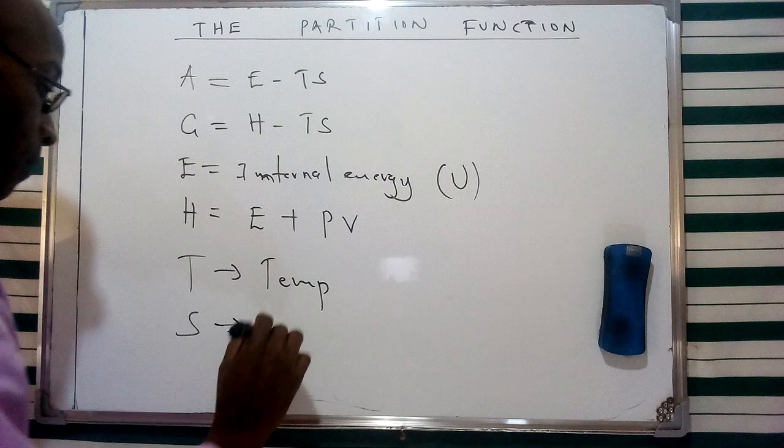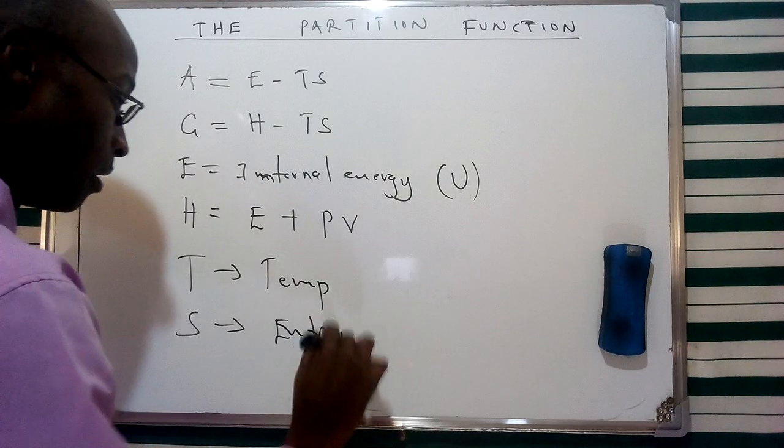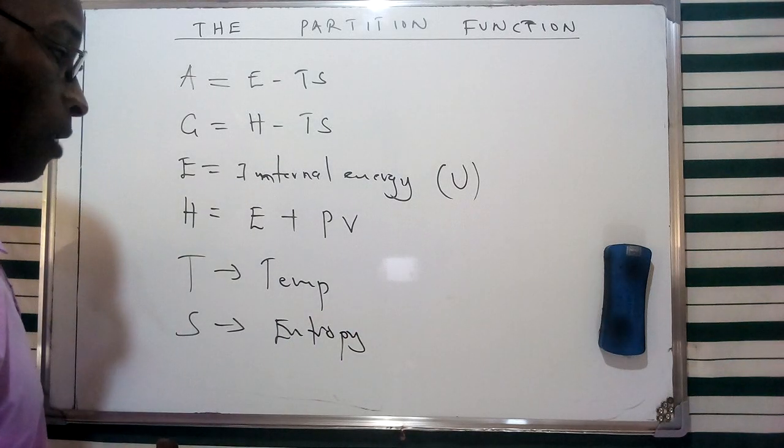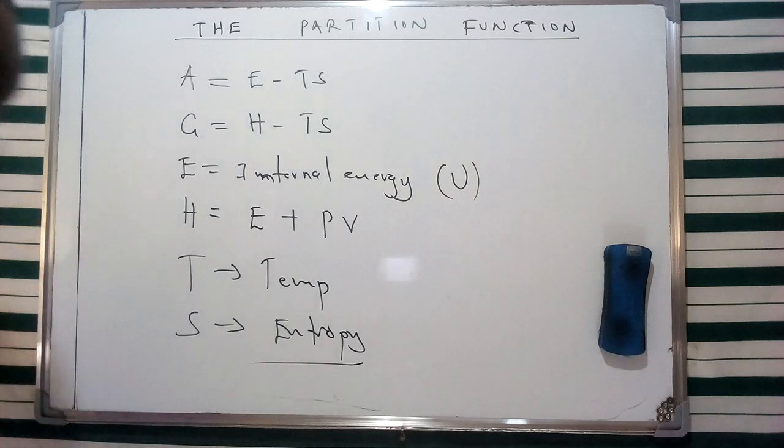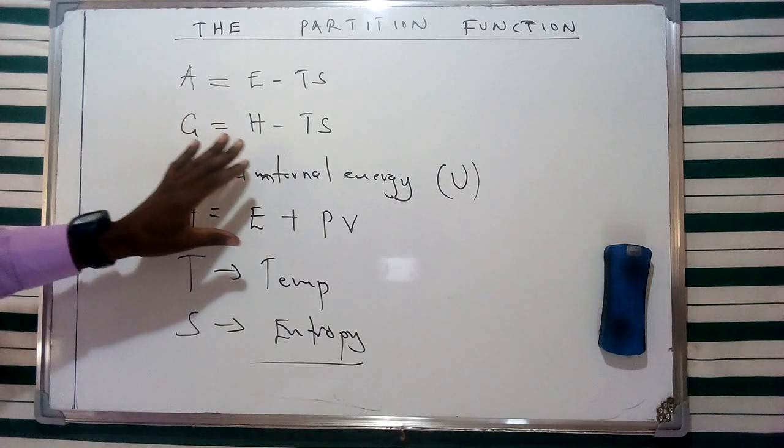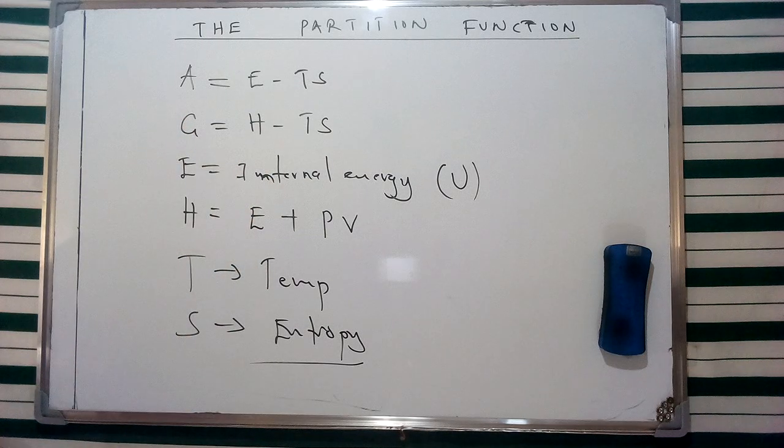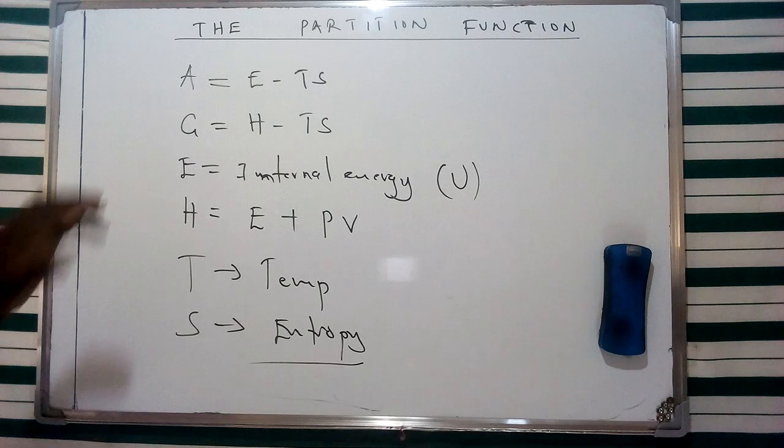Now, lastly, we have what we refer to as chaos or the disorder of a system, which is given in terms of entropy. These are some of the thermodynamic variables which we have discussed in one way or another in some of our videos. Now, the concept of the partition function is very important in the sense that all of the thermally accessible energy levels at a particular temperature can be represented in terms of a partition function.